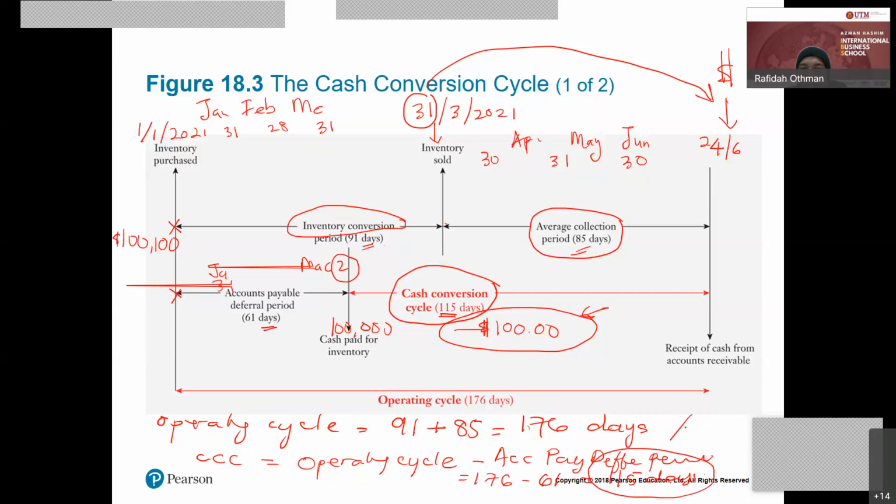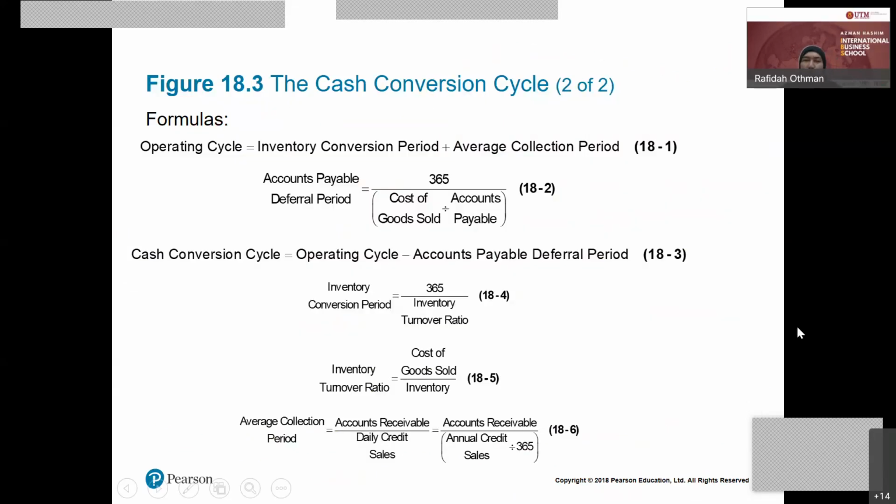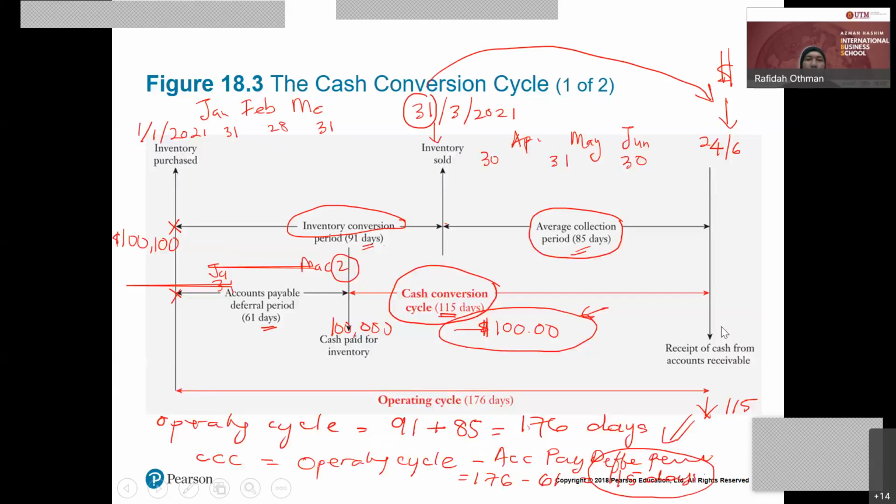So your target is to reduce this 115 because you want to have less burden on managing the cash. So what you can do is work with this inventory, this is all your assets, or you can manage your liabilities here.